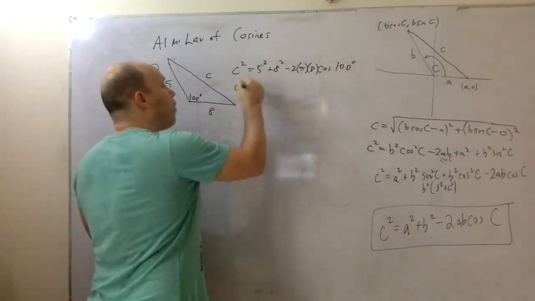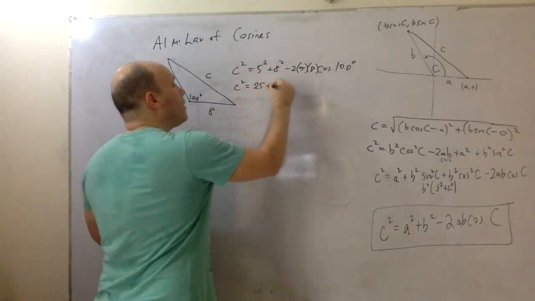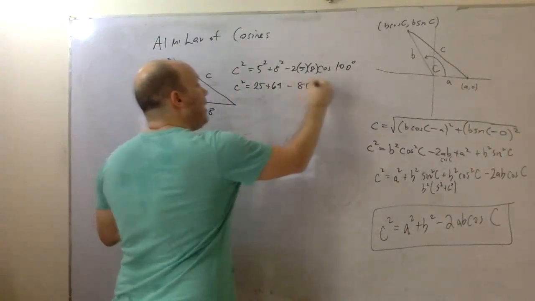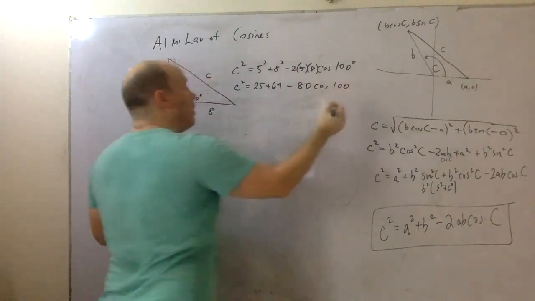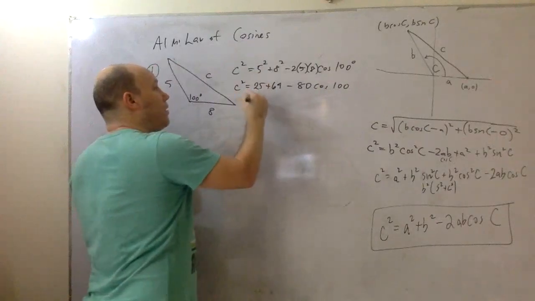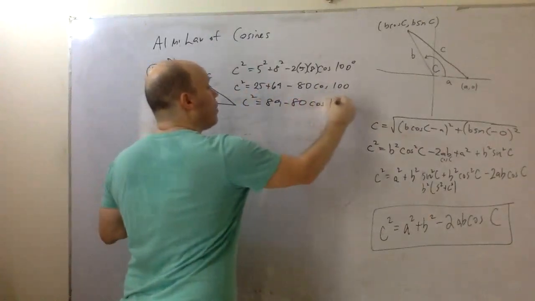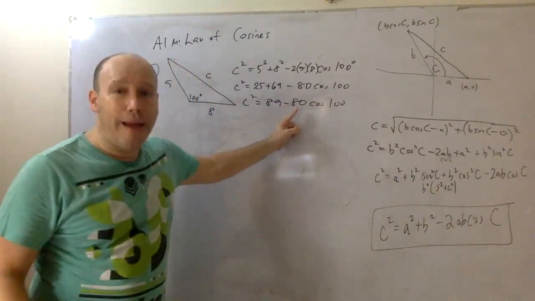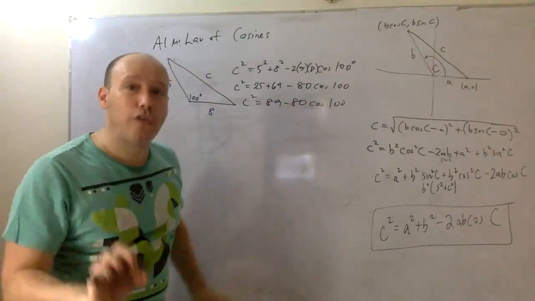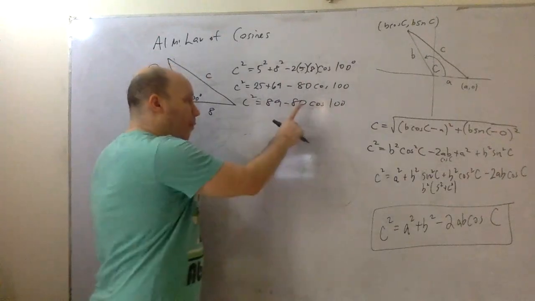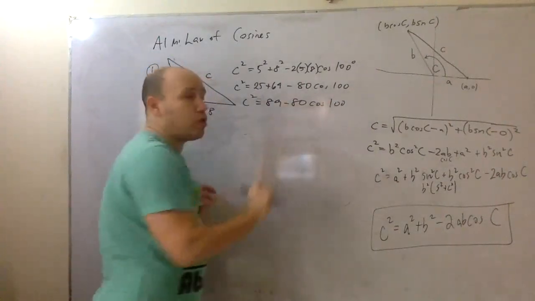So we have C squared is equal to 25 plus 64 minus 80 cosine 100. We know that, so we have C squared equals 89 minus 80 cosine 100. Do not write 9 cosine 100. Do not do that. Order of operations says it's 80 times the cosine.